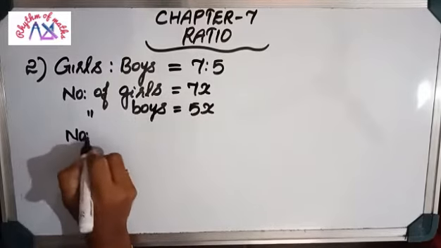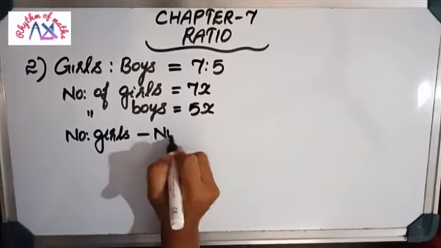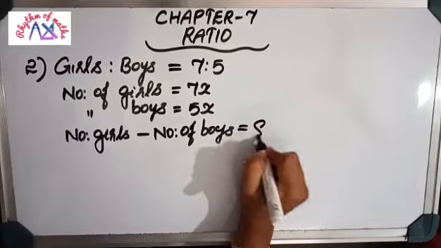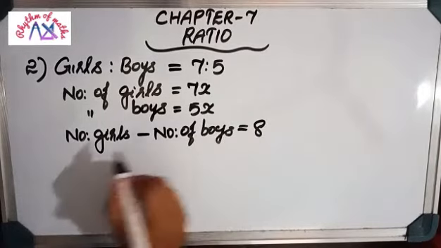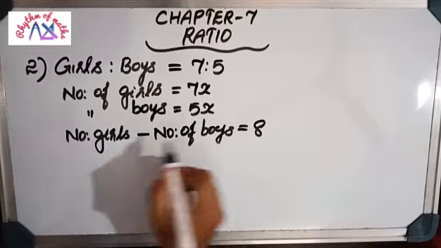So number of girls minus number of boys equal to 8. 8 more means here number of boys plus 8 gives the number of girls.